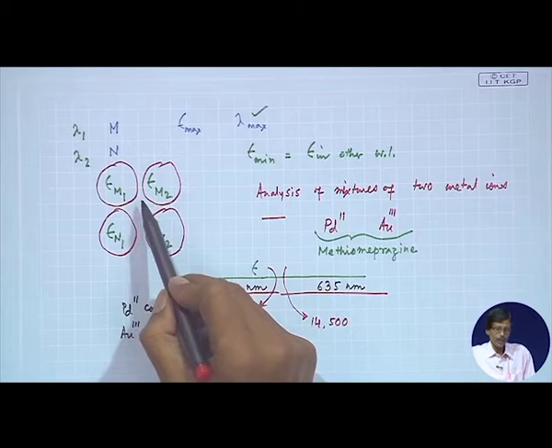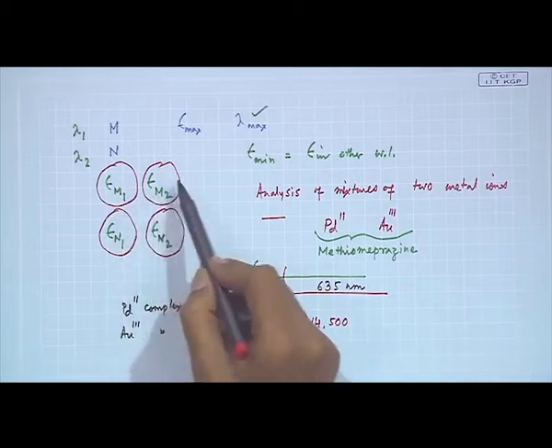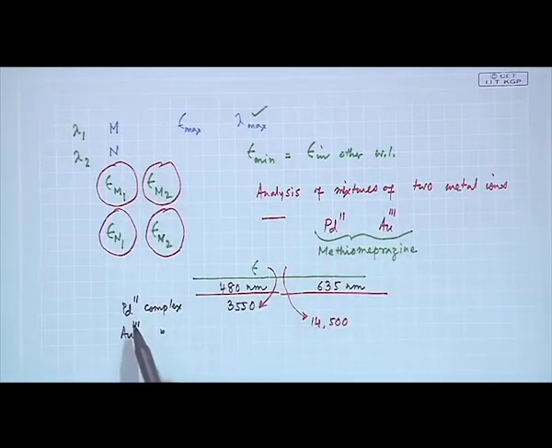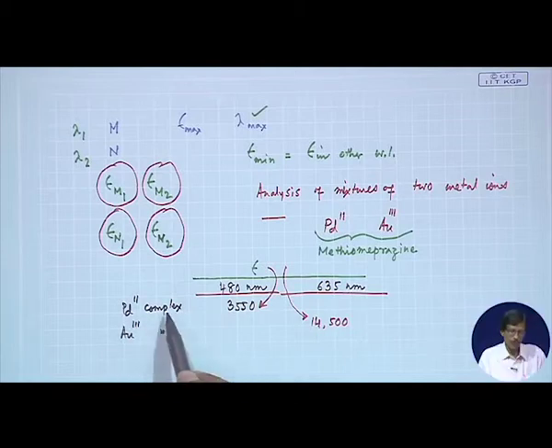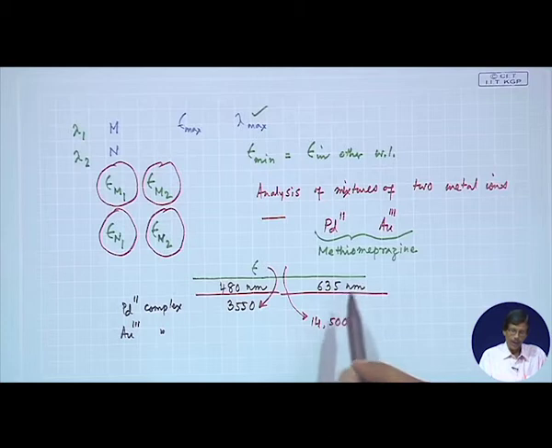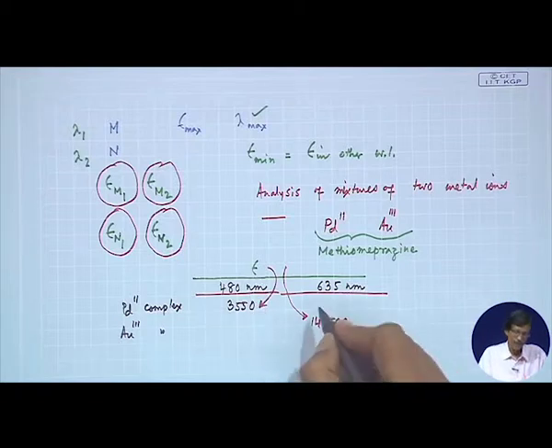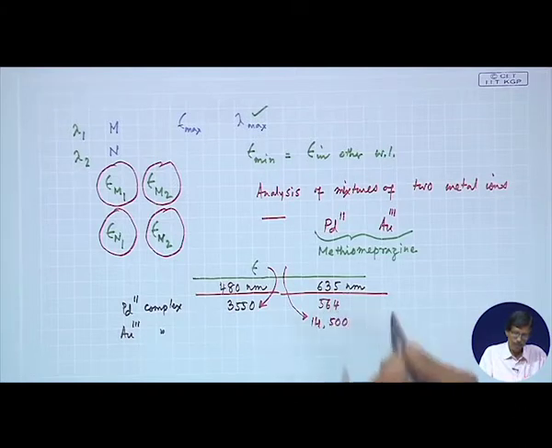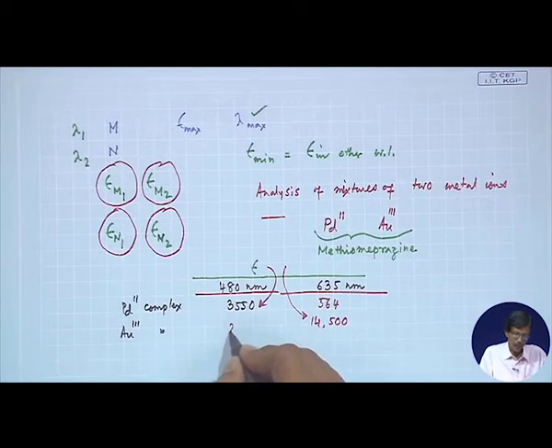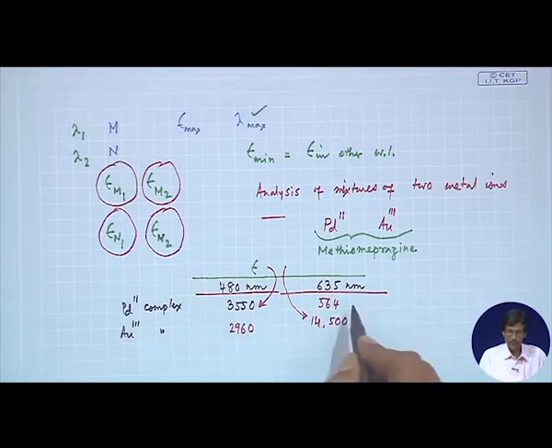So, we should know two others also, that means the corresponding absorbance of the palladium complex at the wavelength of absorption of gold 3, as well as the absorbance of gold 3 at the lambda max value of the palladium complex, but these are very small values. So, it is 564 nanometer and this is 2960, epsilon values, mole inverse centimeter inverse.